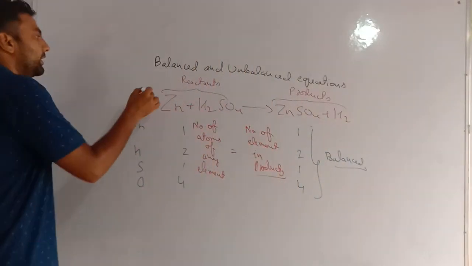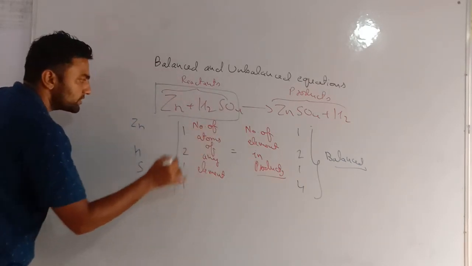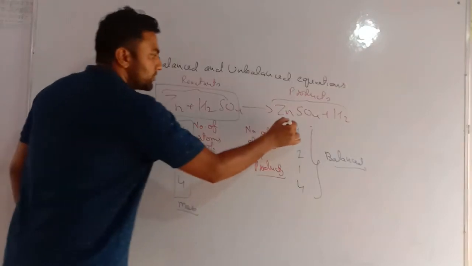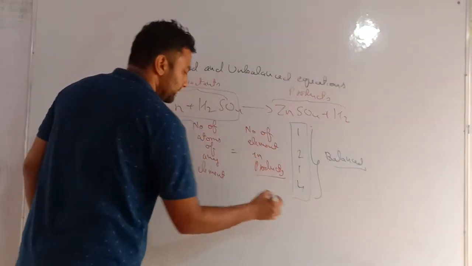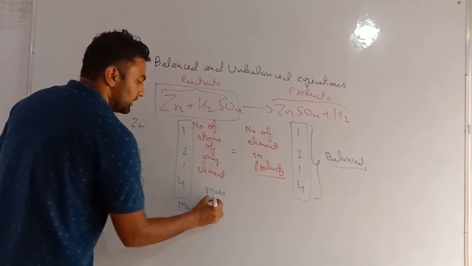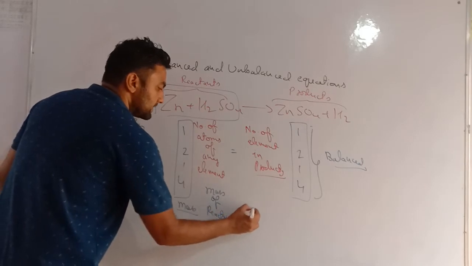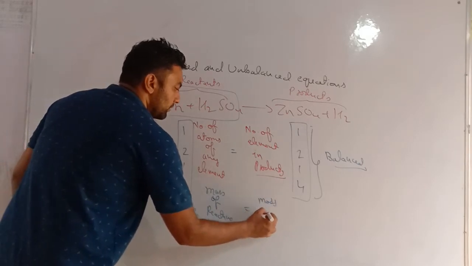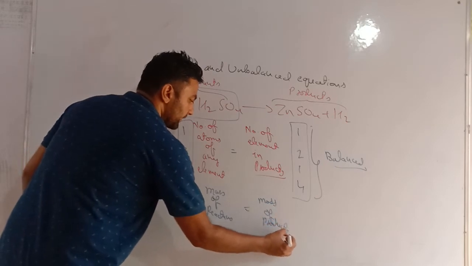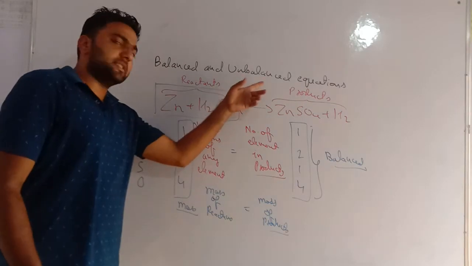In a balanced chemical equation, you can see that the mass of all these atoms and the mass of all these atoms is the same. That is, in a balanced chemical equation, the mass of reactants is equal to the mass of products. Just opposite to it is an unbalanced equation.